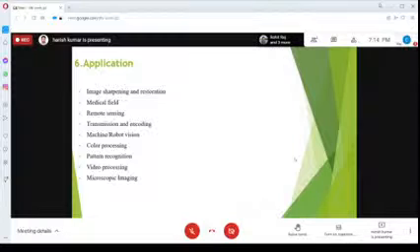Okay, so image processing is highly used in the medical field, and the third one is remote sensing, the fourth one is transmission and encoding, and the fifth one is machine robot vision.